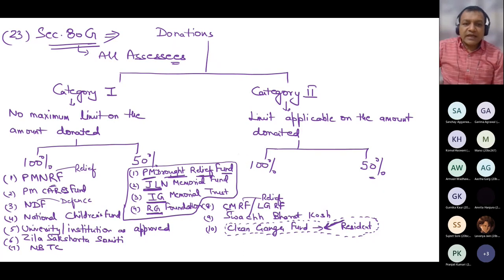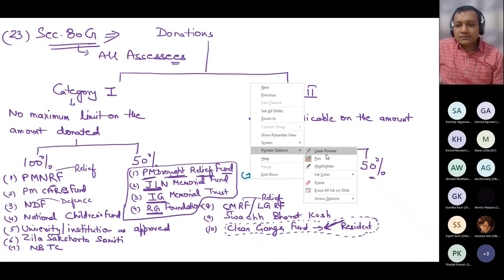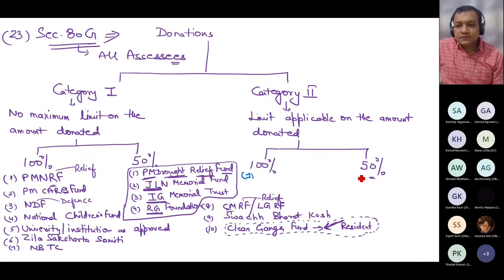So if you are donating anything with the government or local authority, it is the first point. If donation needs government, for what purpose? The purpose is promoting family planning, FP.